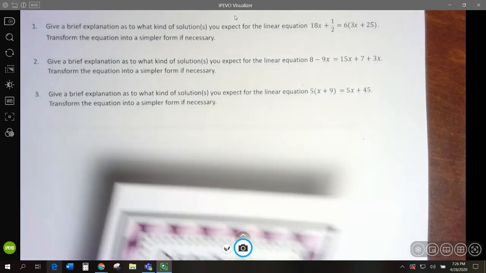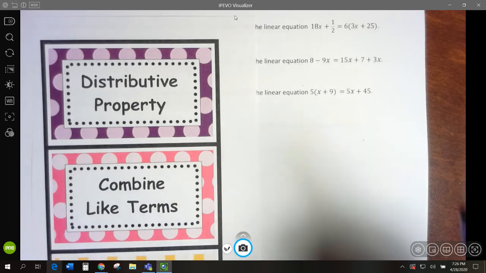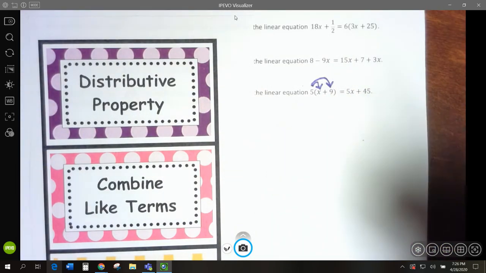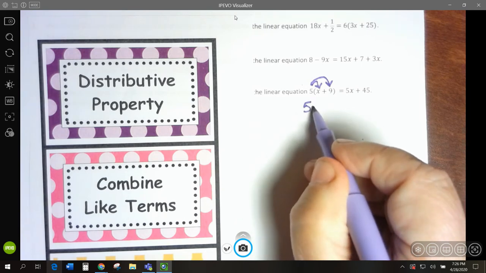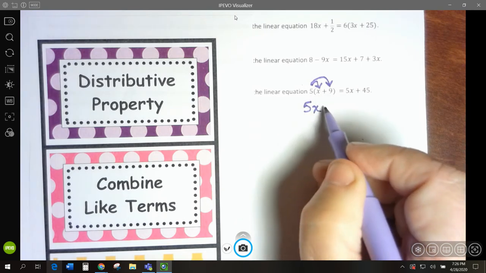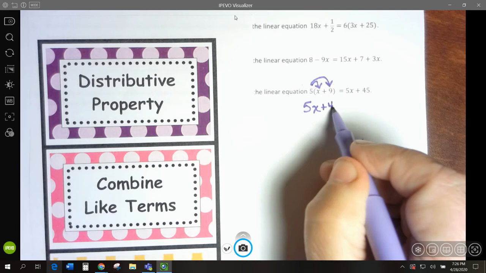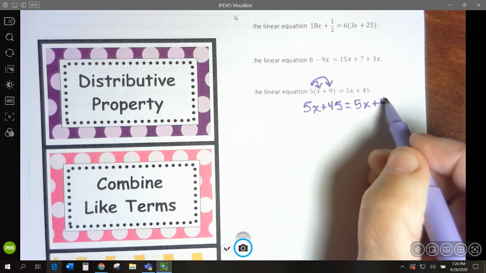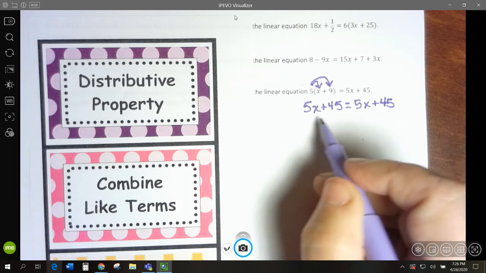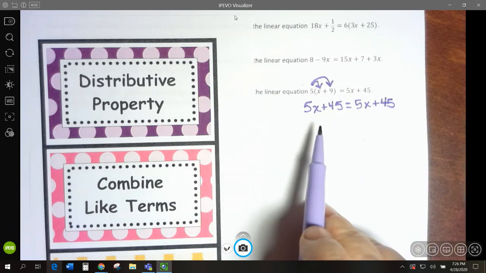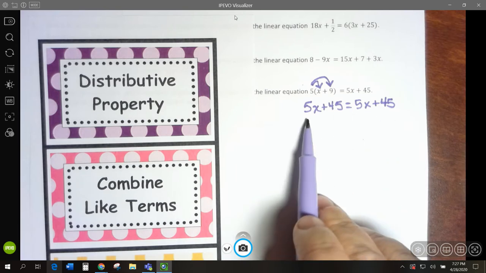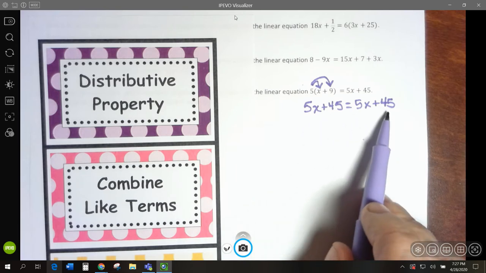Let's start with our distributive property. So we've got to distribute the 5. We have 5x and 5 times 9 is 45, equals 5x plus 45. Oh, well, these are equal. These are the exact same things. So I think no matter what I make x, if I make x 2, it's going to be 2 here, so we have 10 plus 45 and 10 plus 45.